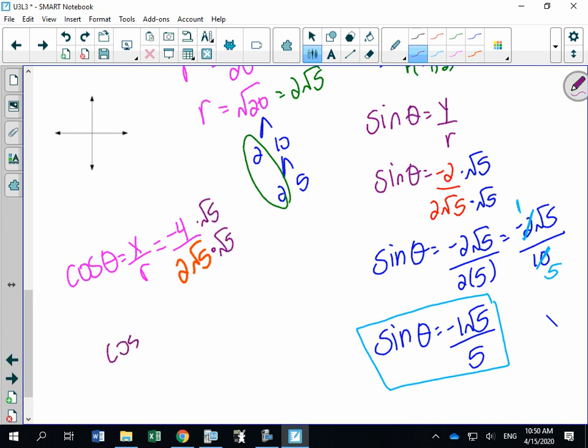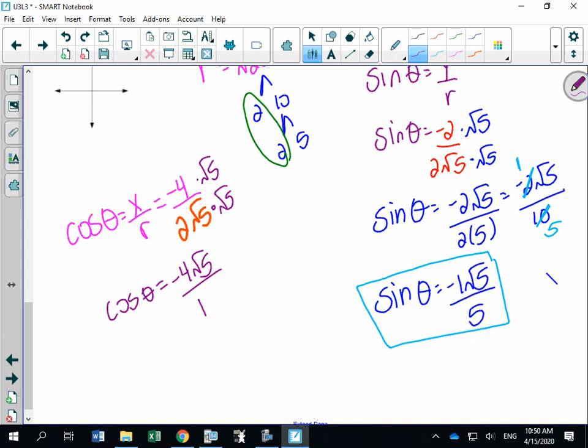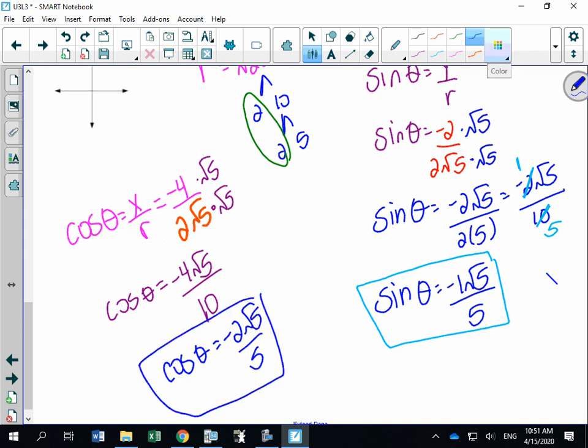I get the cos of theta is equal to negative 4 root 5 over, doing this in one step, 2 times 5, which is 10. Negative 4 over 10 can be reduced by dividing each by 2. So the cos of theta is equal to negative 2 root 5 over 5.